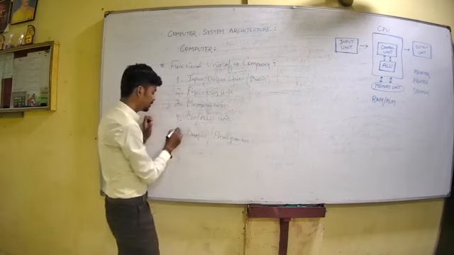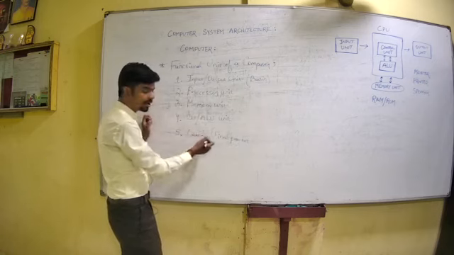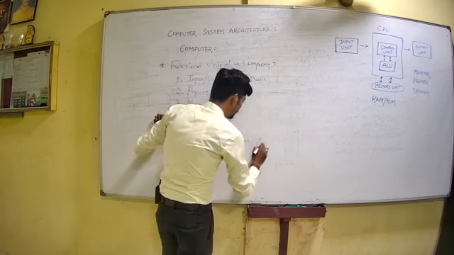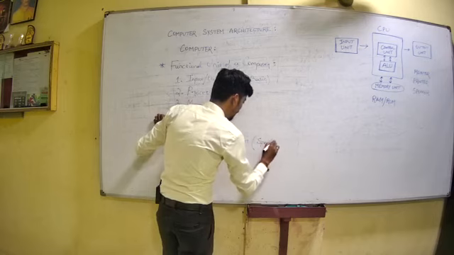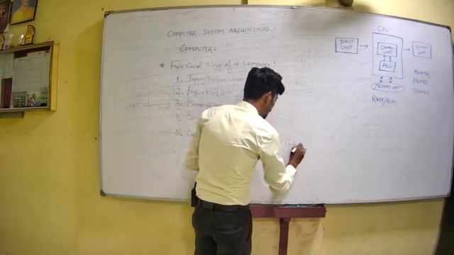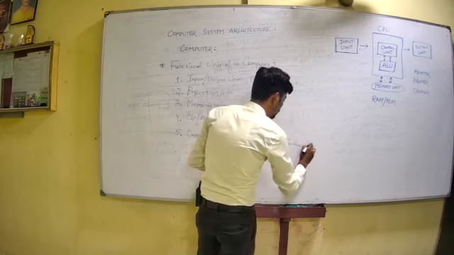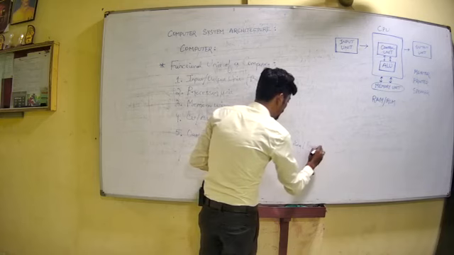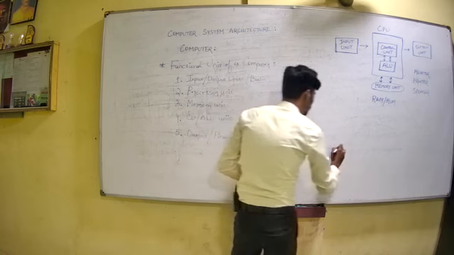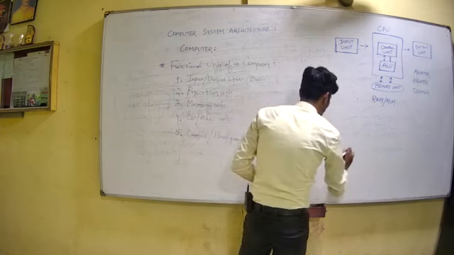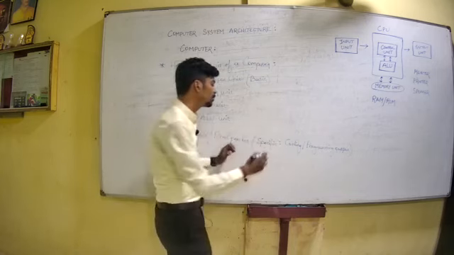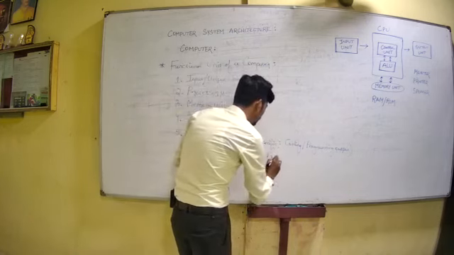But in the last, output or final product, here we can specify it as any specific coding or programming output. Specific coding or programming output means, let us take two examples.